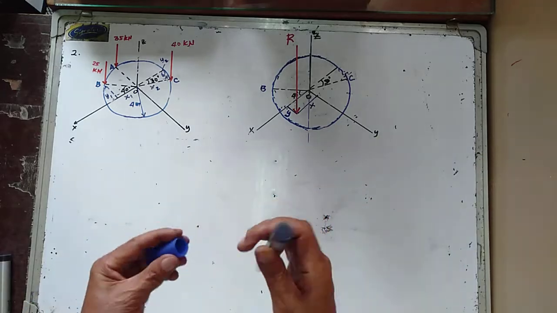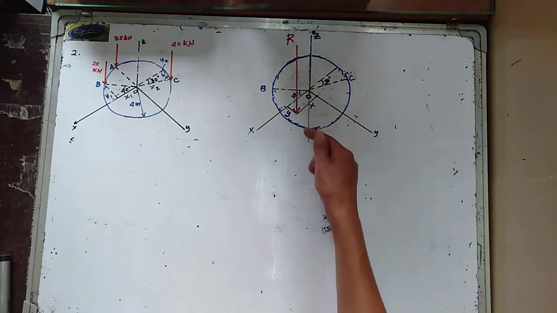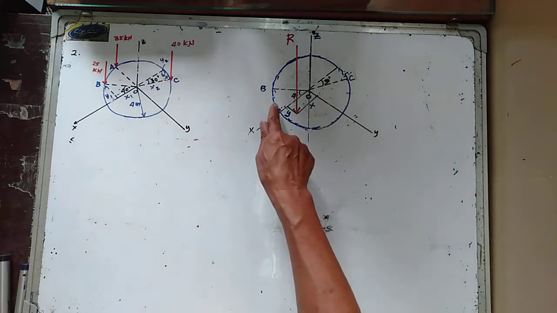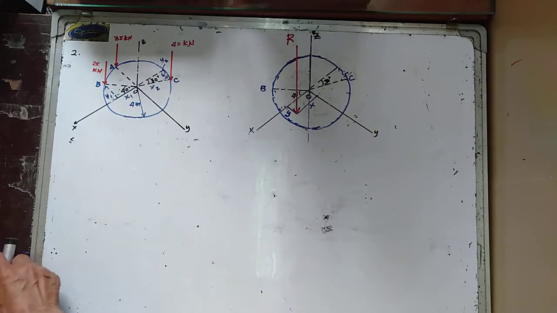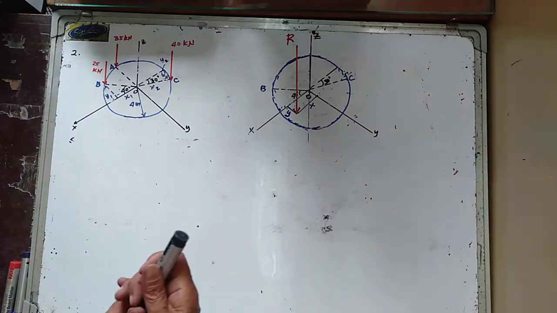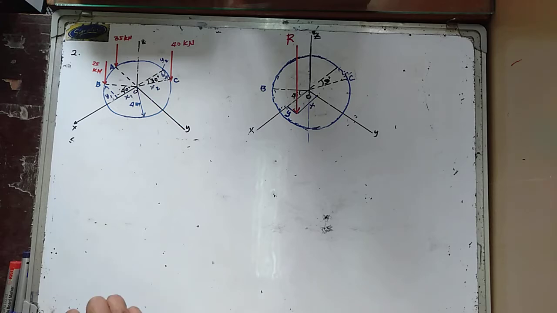Now, assuming that the resultant lies at this point, so that you have the x coordinate and the y coordinate. So how are we going to determine the x coordinate and the y coordinate of the resultant force?